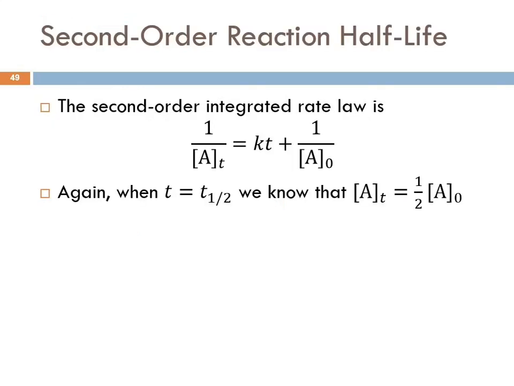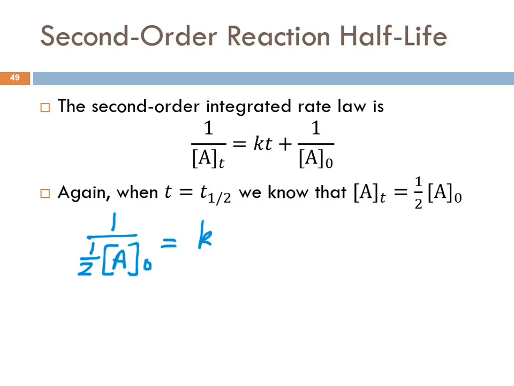The second order integrated rate law, here's the form of that. Again, for the half-life, T is equal to T1/2, and then we know the relationship between these two. So 1 over, now we're going to sub in 1/2 A0.